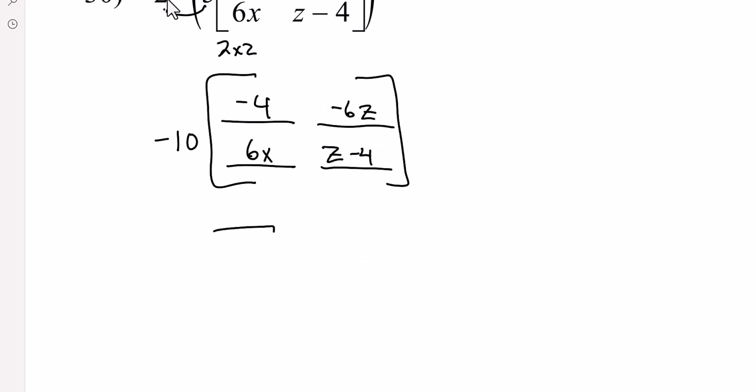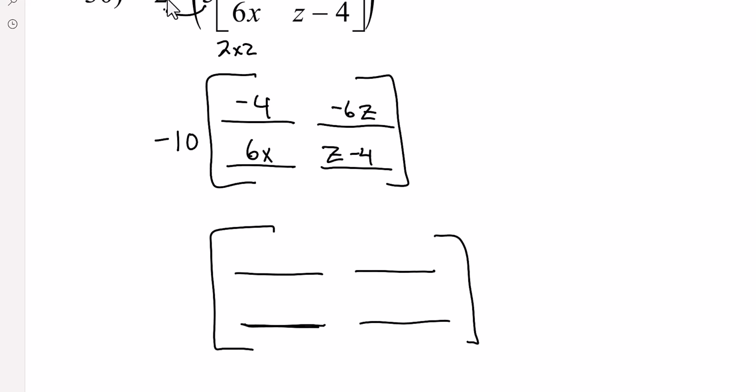So now I'll make these really big. Negative 10 times negative 4 is positive 40. And then negative 10 times negative 6z is positive 60z.